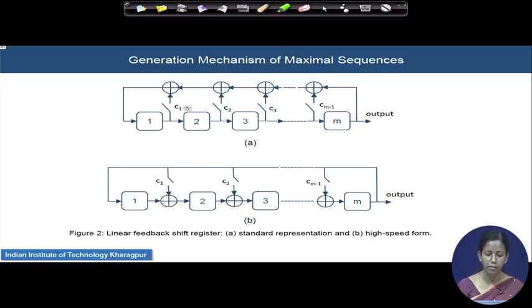Depending upon the logic scenario you wish to add, some of the switches, which control the contribution of the corresponding stage in the feedback architecture, are either closed or open. If they are closed, their corresponding C values will be 1, and if they are open, their corresponding value will be 0. The corresponding stage will contribute as XORed with the previous one, and the final XORed output will be fed back as the input to stage number 1.